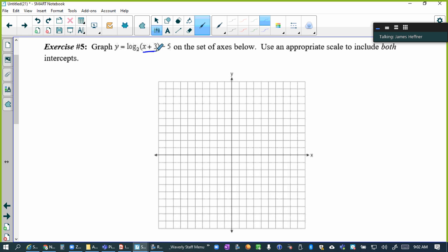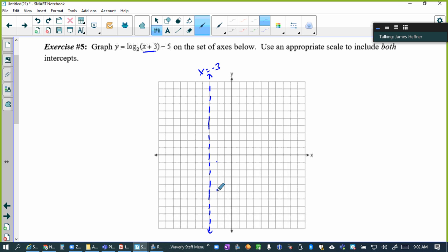So we know we have an asymptote line. Let's go to x of negative 3 and put that in here. So x equals negative 3. That's our asymptote line, right? It's asymptotic, as they say. So let's get some values here. If we did the table, negative 2 is somewhere down in there, right?